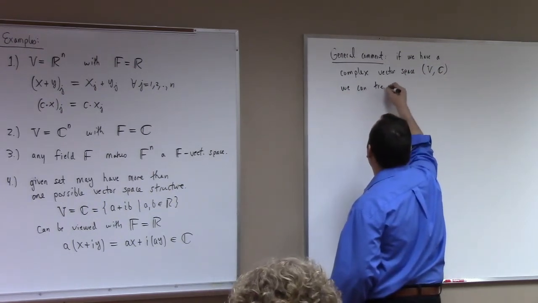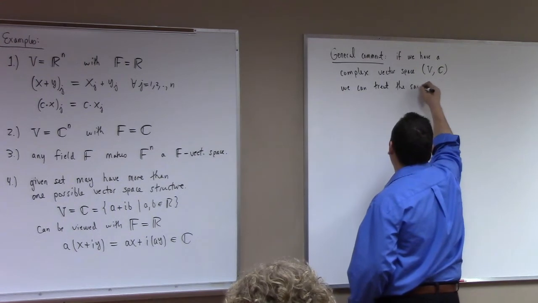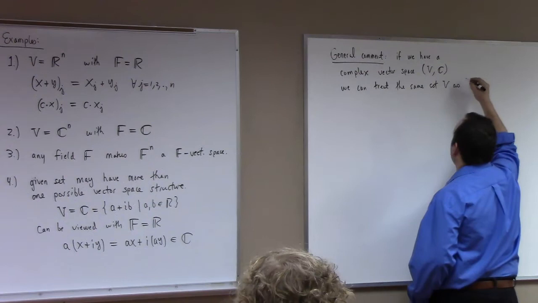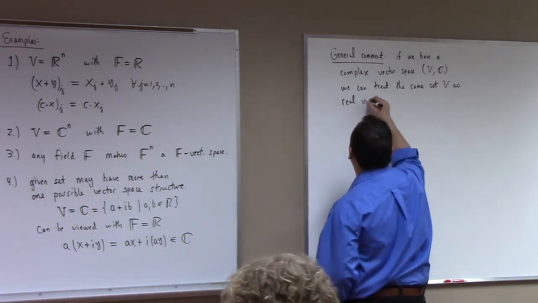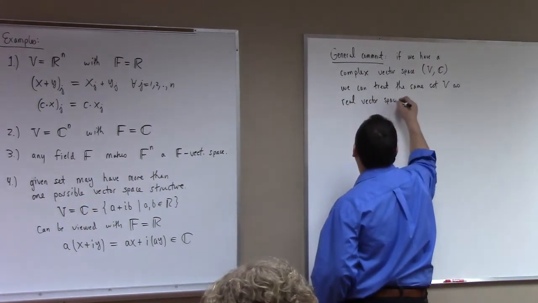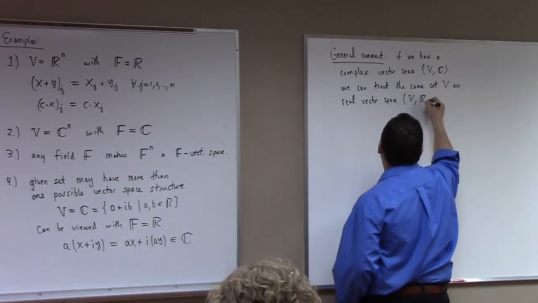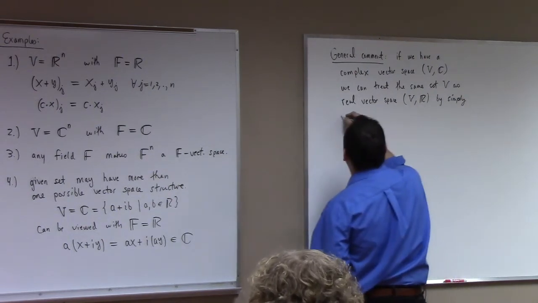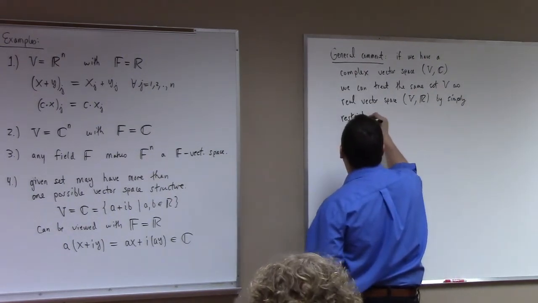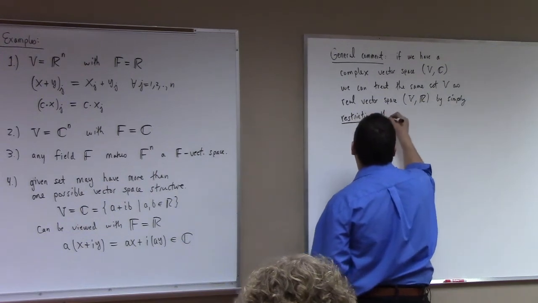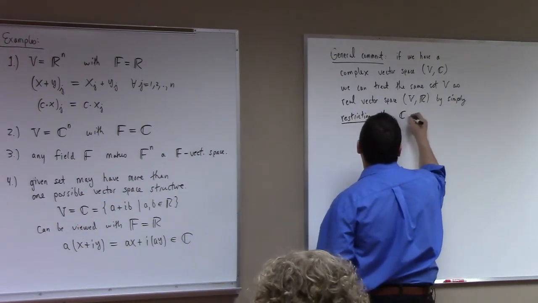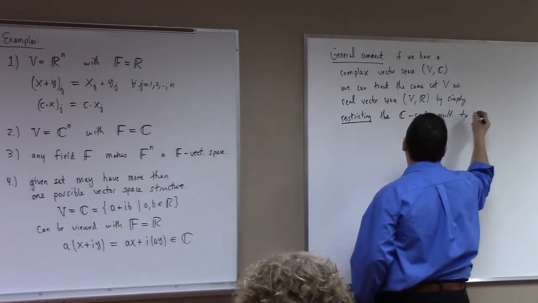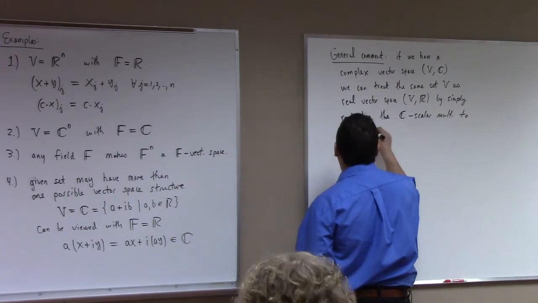We can treat the same set V as a real vector space by simply restricting the C scalar multiplication to real scalars.